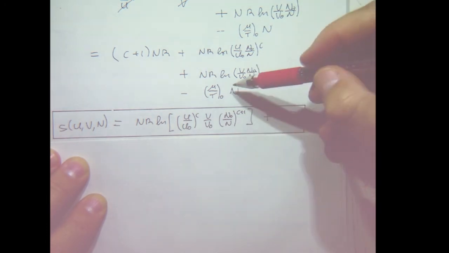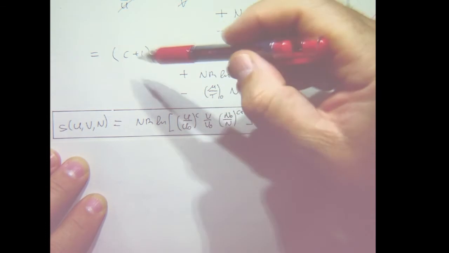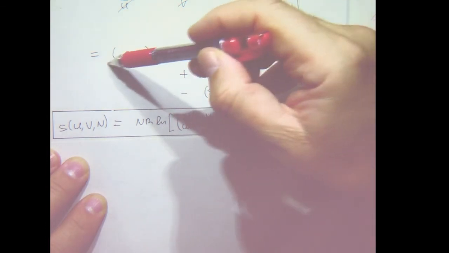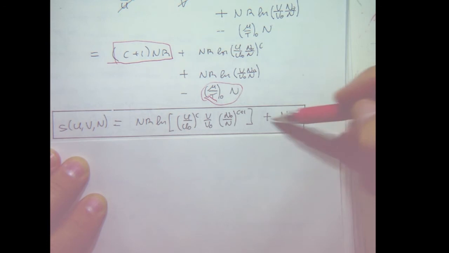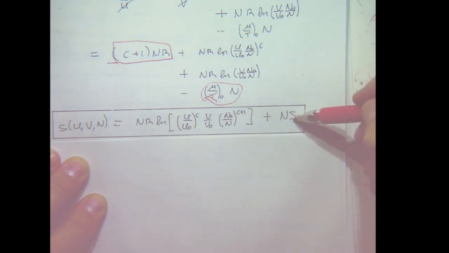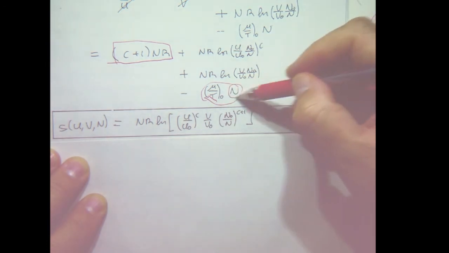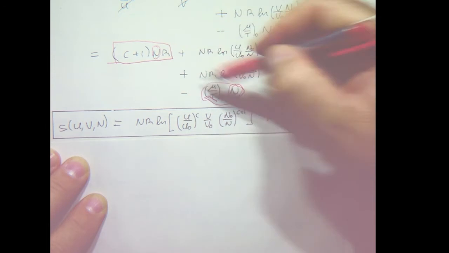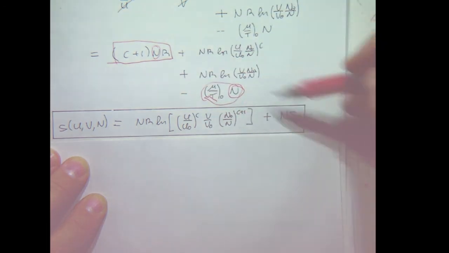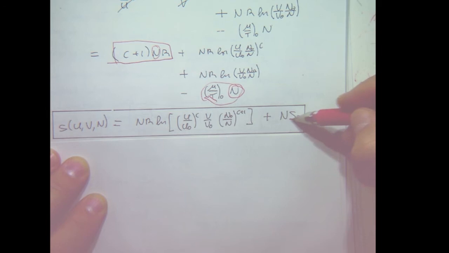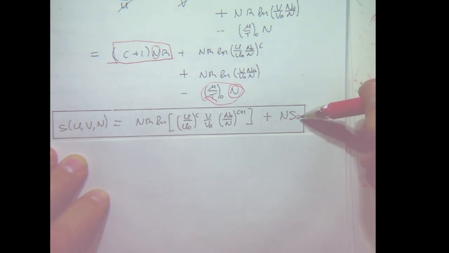Plus, and then you've got that term and that term, but you just go plus N times s naught. You see there's an N there and an N there, so it's properly extensive. You just call that big S naught, just the reference value for the entropy.